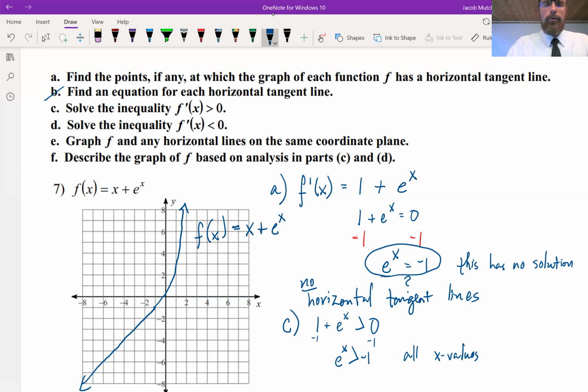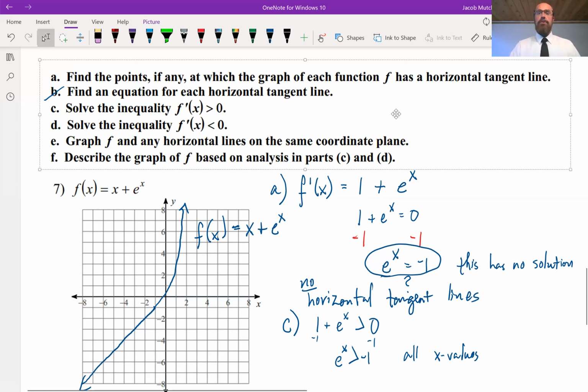But I don't have any horizontal lines to plot, tangent lines to plot there, because again, there's no minimum or maximum. That's really what we need in order to graph a horizontal tangent line. So a nice instance where we're saved by all positive tangent line slopes.